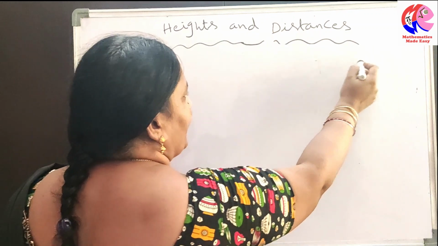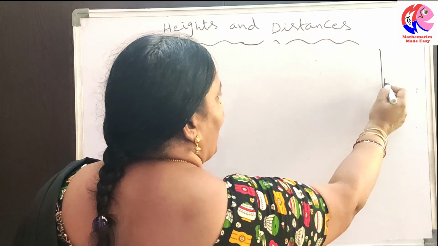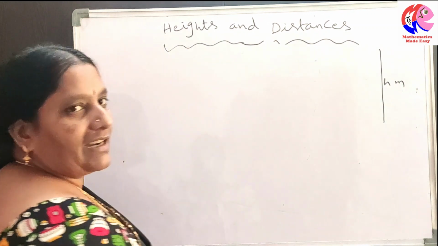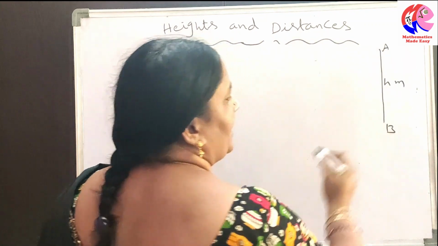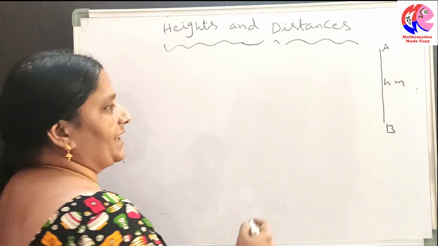Now let us take this is the tower of height h meters. Let us say this is AB. AB is equal to h meter, the height of the tower.